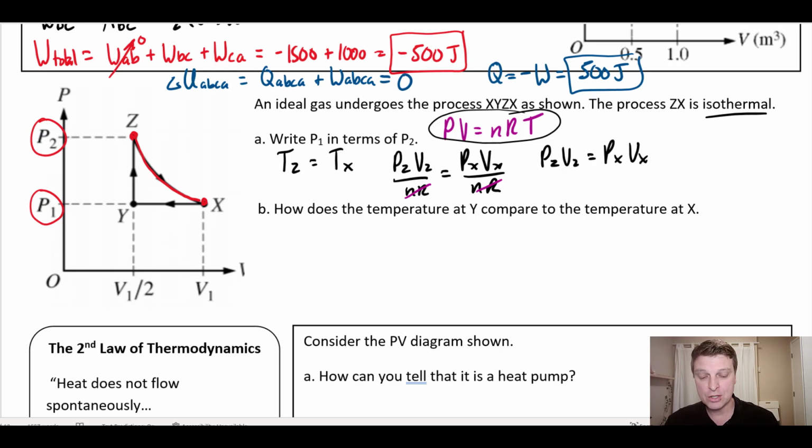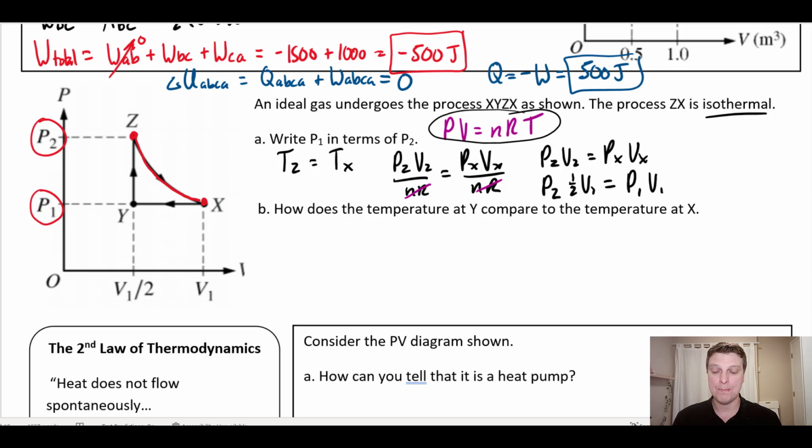Now, the pressure at Z, I know that is P2. So I'm going to call that P2. And yes, my 2 looks a lot like a Z, but just bear with me. It's sitting at a volume where the volume of Z is 1/2 of V1. Now, the pressure at point X would equal P1. I can see that from my graph. And the volume is V1.